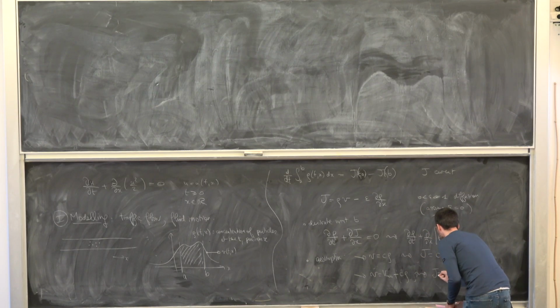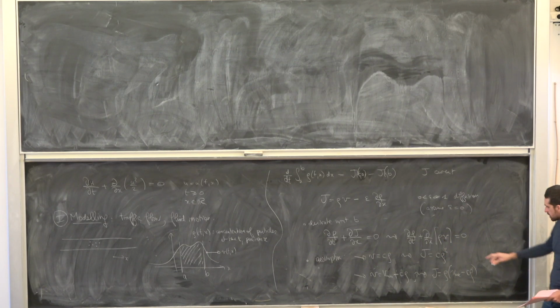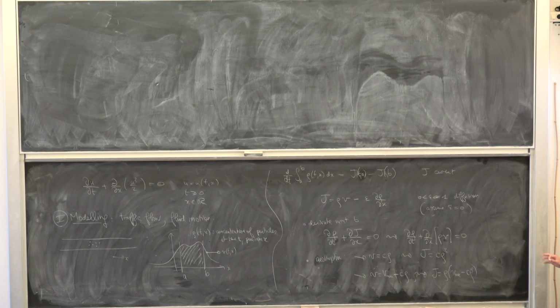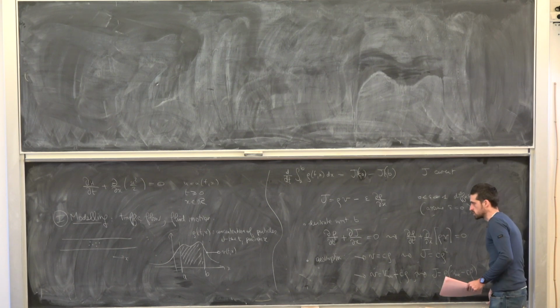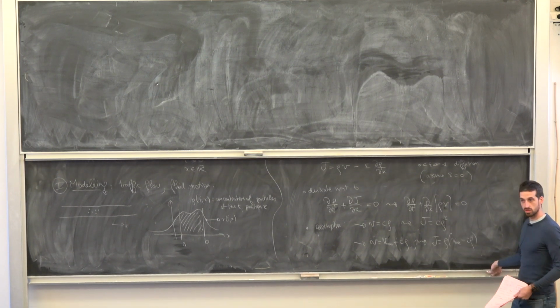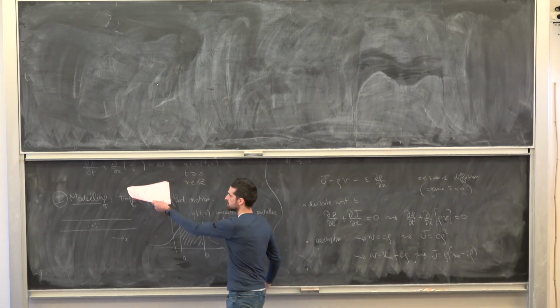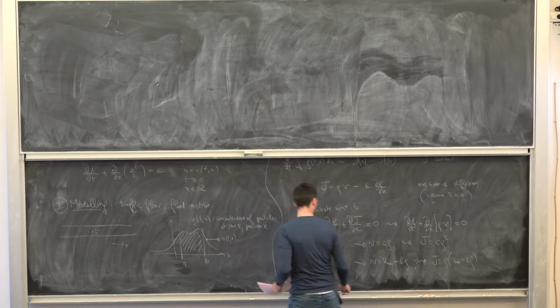And then your j would be of the form rho times v max minus rho. So you see that in both cases, j as a function of rho is just a parabola. It's a second degree polynomial, right? So after a change of variable, all parabolas look the same. That's why we look at this equation exactly.